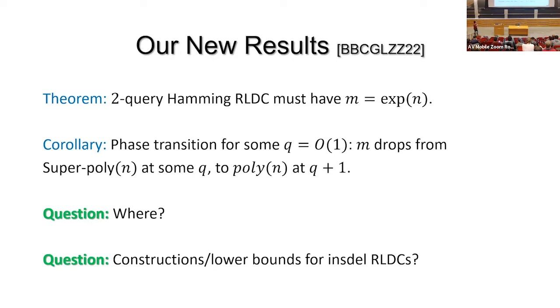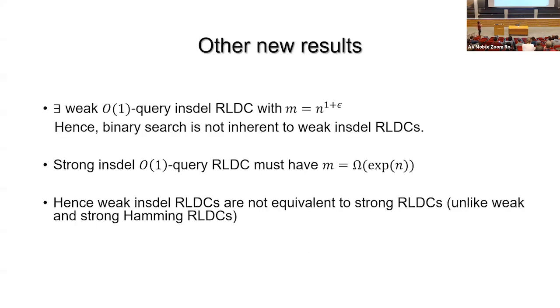Another question we ask is, what about INSDEL relaxed locally decodable codes? Here we have 2 main results. One is that if we just take into account the first 2 properties, we can build INSDEL RLDCs with the same parameters as for Hamming.